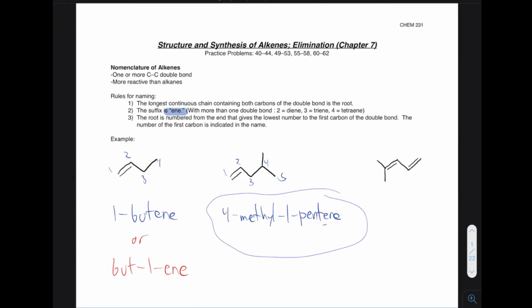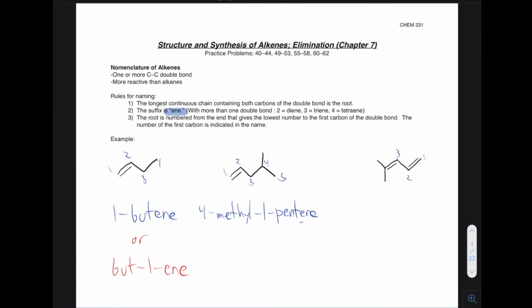So looking at our final example here, we have 2 double bonds. And what this is indicative of is the diene suffix, right? So when we're naming this, we would want to go this way, again, to make sure we have the lowest numbers possible. So we start from the alkene.